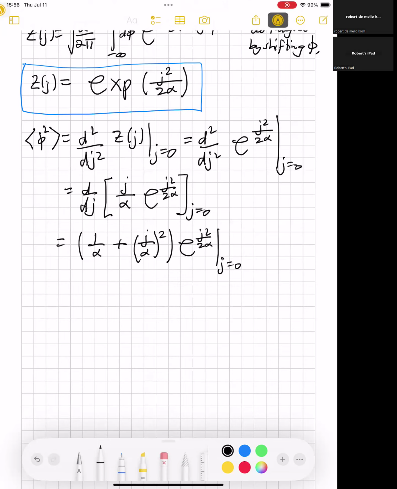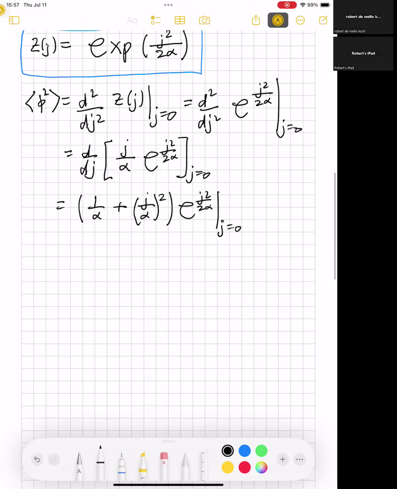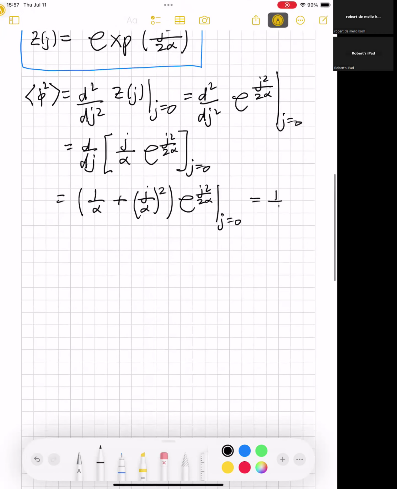So in the bracket sitting up front, when we set J equal to 0, the second term vanishes. So the bracket just gives us a 1 over alpha. And then in the exponential, if we plug in J equal to 0, we just get e to the 0, which is 1. So we found out that the phi squared correlator is just 1 over alpha.